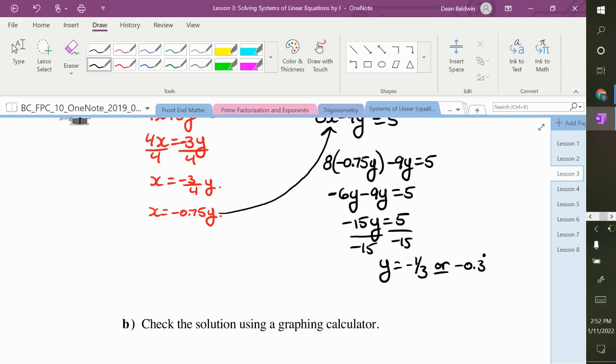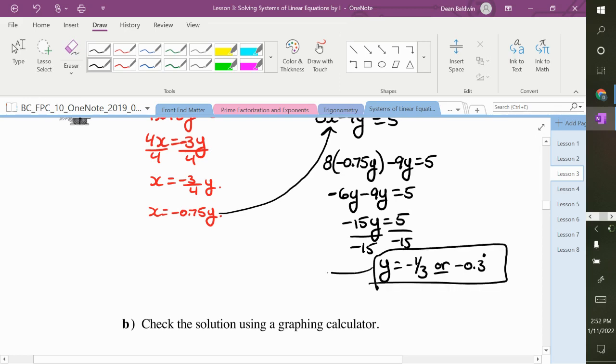Okay? Did that make sense to everybody? What do I do with the y? Put it right back there. So x is equal to, I'll just use the decimal.